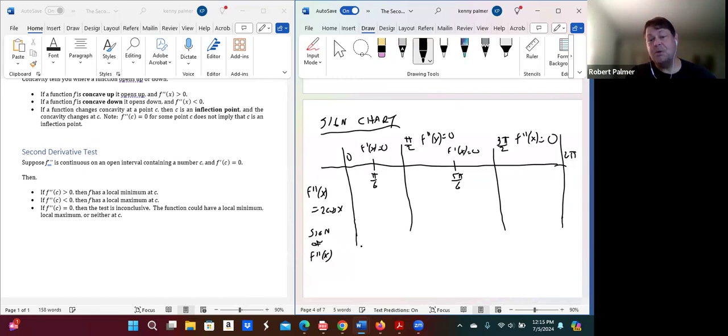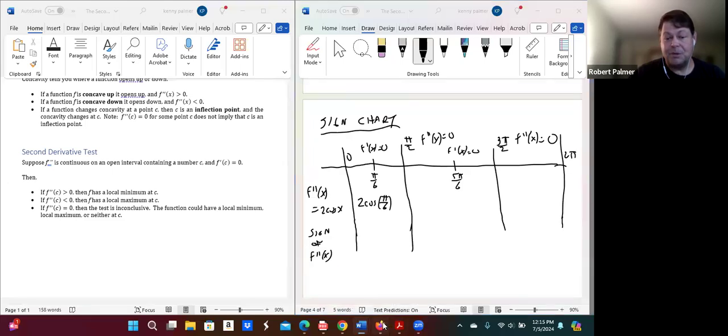For our second derivative test, we need to plug these values in and see what we get. So 2 times the cosine of pi over 6. We'll just use Desmos for that as well, or your graphing calculator, or any scientific calculator. Make sure it's in radian mode.